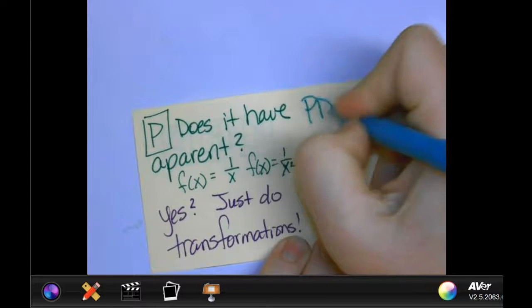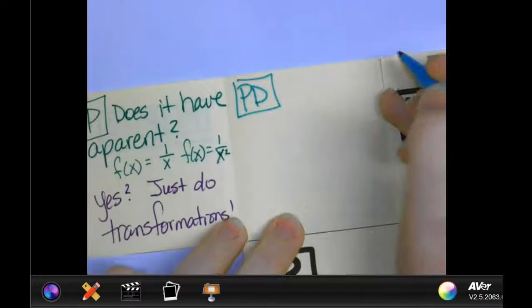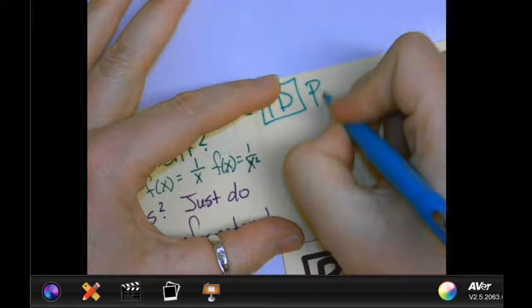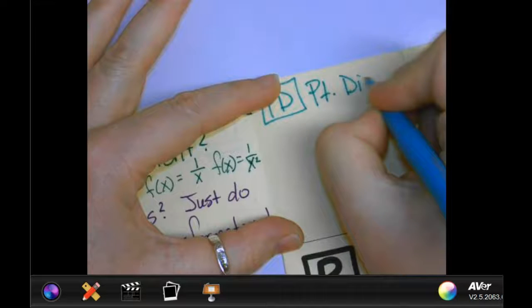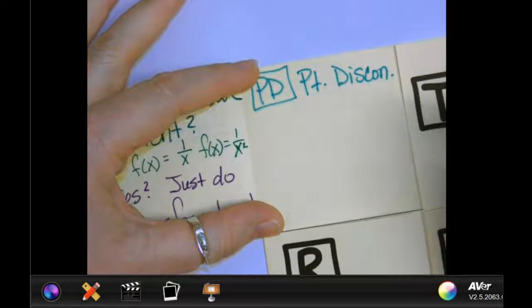So what has PD been standing for? Point discontinuity, and it still does. Okay, so this is point discontinuity. I want to abbreviate because, you know, we can only write so big. Point discontinuity.